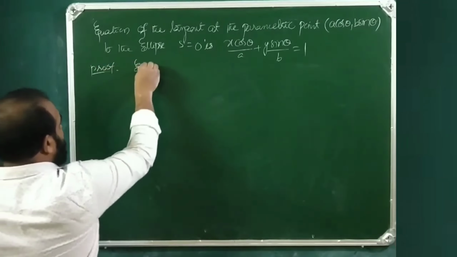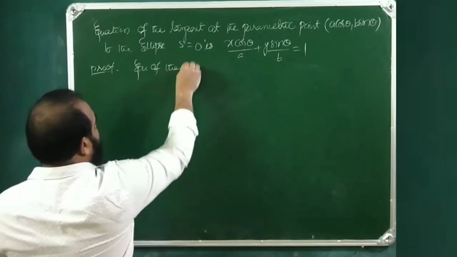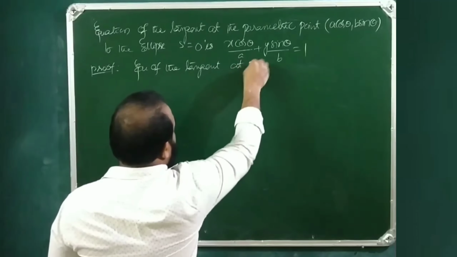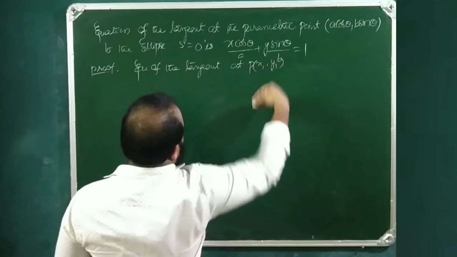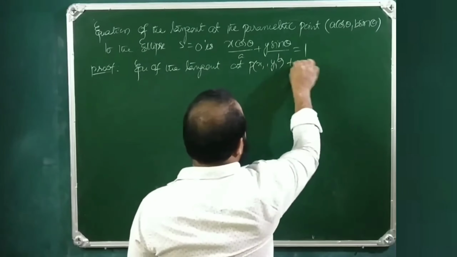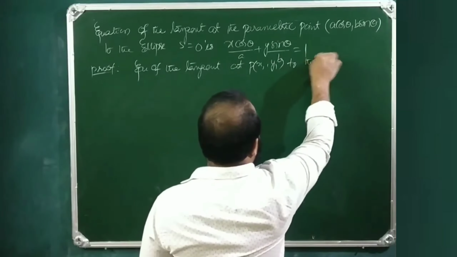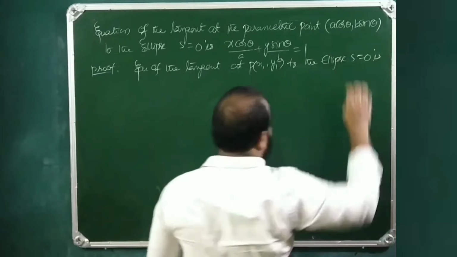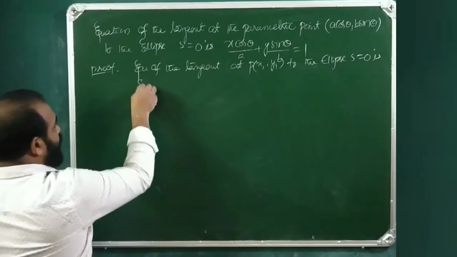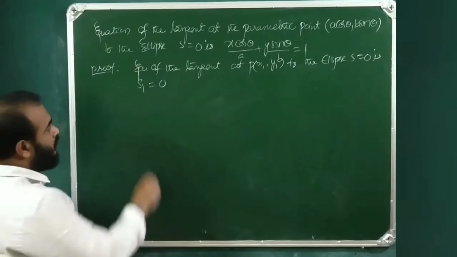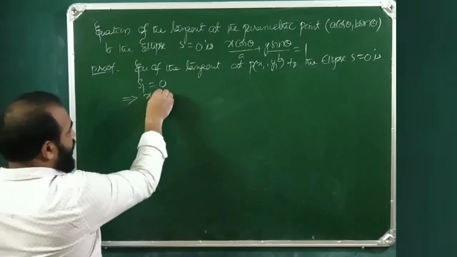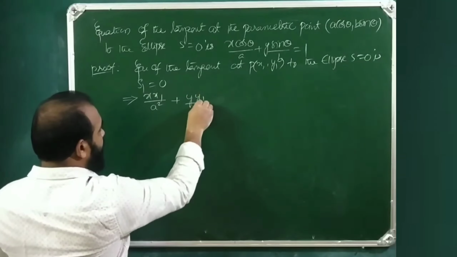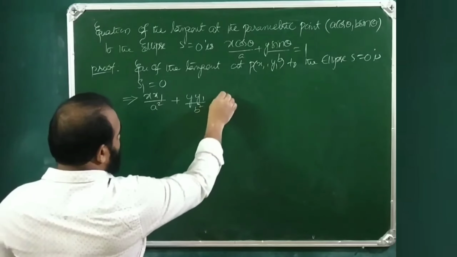First, the equation of the tangent at P(x1, y1) to the ellipse S equals to 0 is S1 equals to 0. So this is x x1 by a square plus y y1 by b square minus 1 equals to 0.